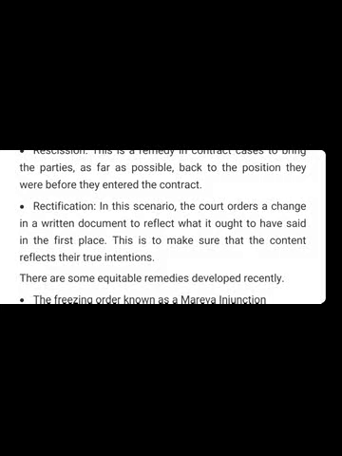Now, apart from these four equitable remedies, there are some that have been developed recently, which we are also expected to know, because this development has to do with business itself.